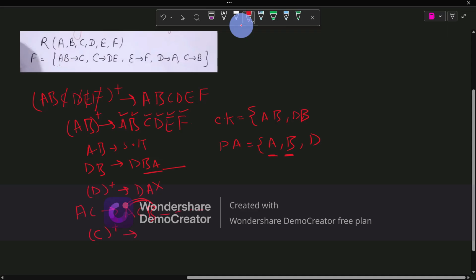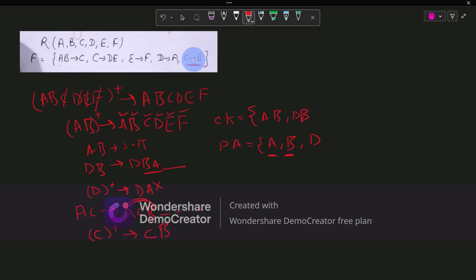With C we can determine C, and we can also determine B. With B, we can determine C, and we can also determine D and E. With D, we can determine A, and with AB, we can determine C, and with E, we can determine F using this functional dependency. So as we can see, C is a super key.